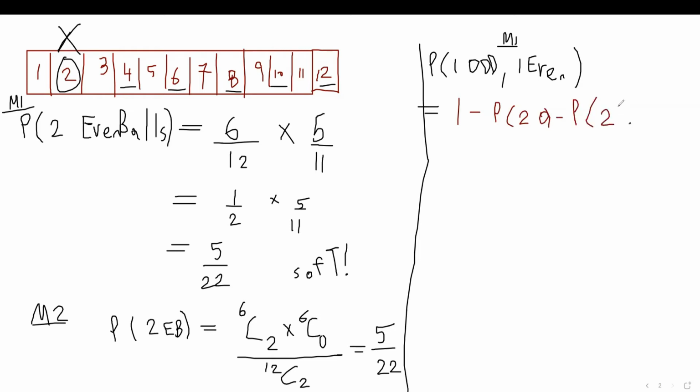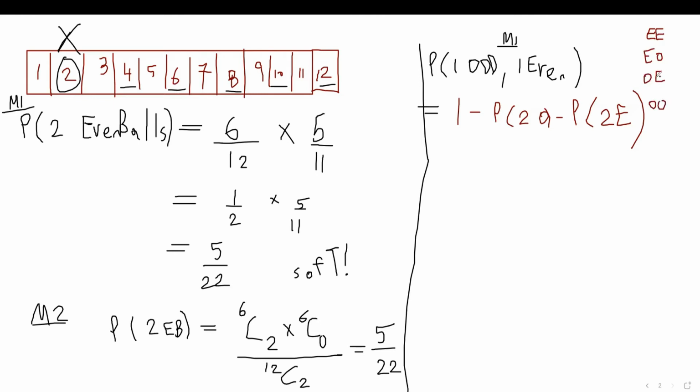O represents odd and E represents even. That must give the probability of getting 1 odd and 1 even, because remember, there are 4 possibilities. If you draw 2 balls, you can get even and even, or even and odd, or odd and even, or odd and odd.